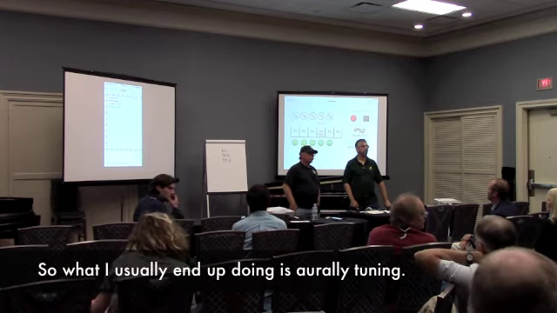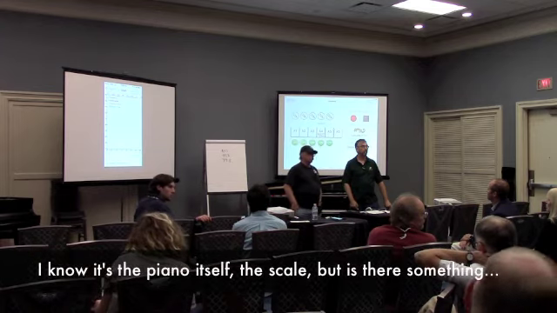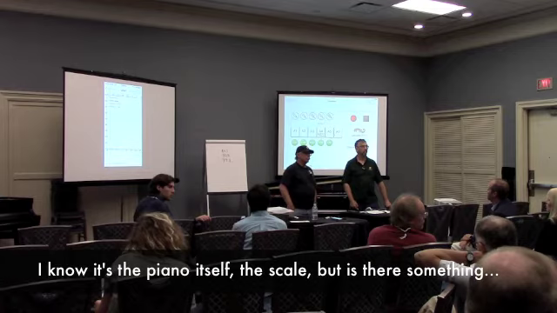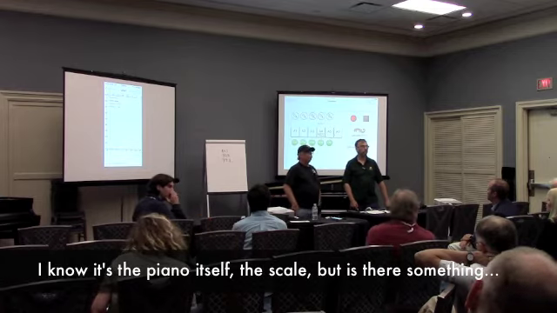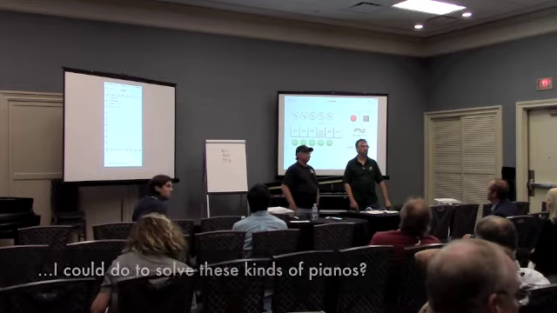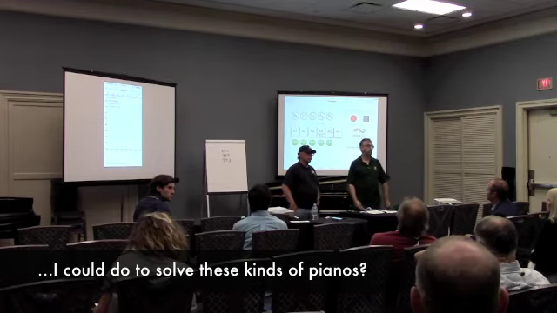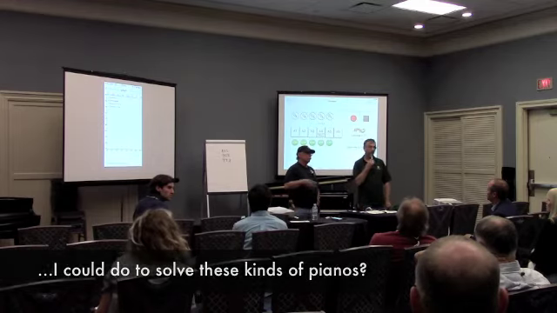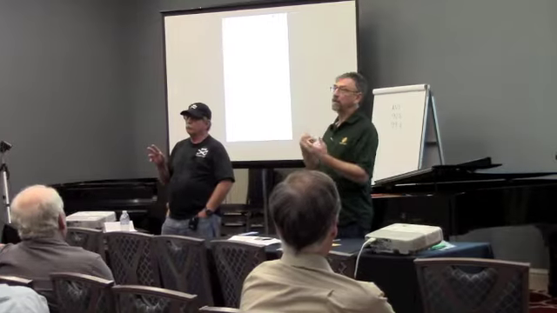So I usually end up doing it aurally. But I know that the problem is the piano itself, the scale or whatever. But is there something that I could do to solve this kind of problem? I'd probably have to see the tuning calculations that you've done and look at it.